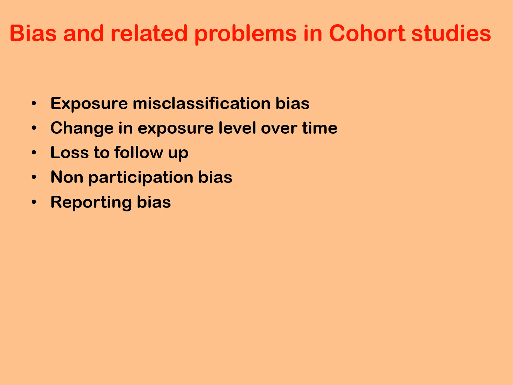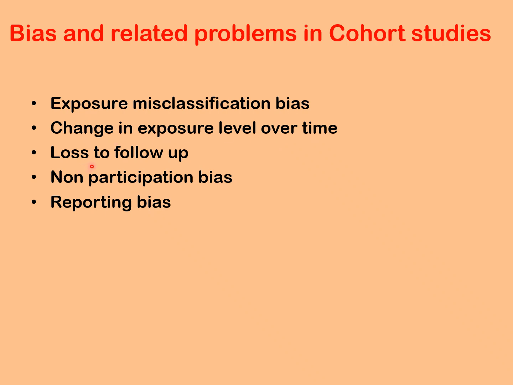So the common biases seen in cohort studies include exposure misclassification bias. In this, there is incorrect categorization of subjects' exposure status. Next is change in exposure level over time. Participants' exposure may vary, affecting the study accuracy.